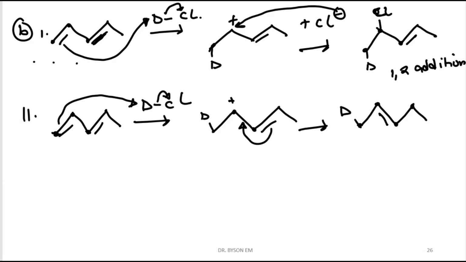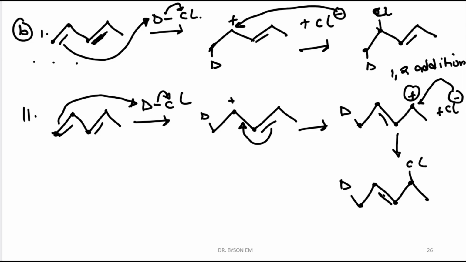Double bond here, and then the positive charge will be here. The chloride that left in solution is negatively charged, so it will come and join here. So you have this product here. You've seen D is added on carbon number 1, 2, 3, chloride on carbon number 4. So this is a 1,4 addition.